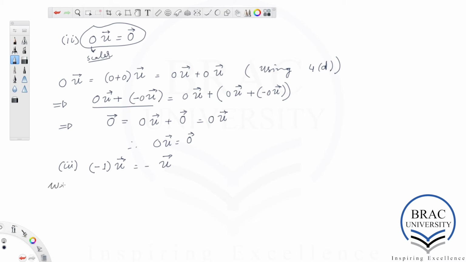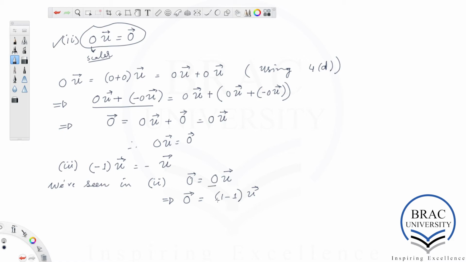Okay, so we have seen in 2 that the zero vector is equal to 0 times u, which implies that the zero vector is 1 minus 1 times u.